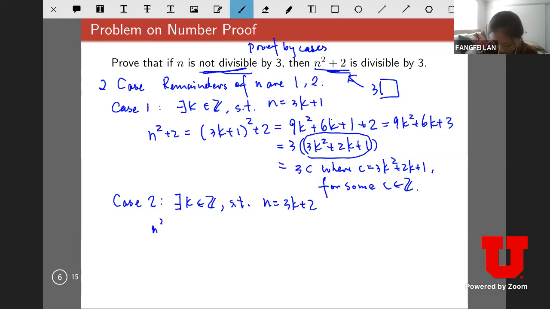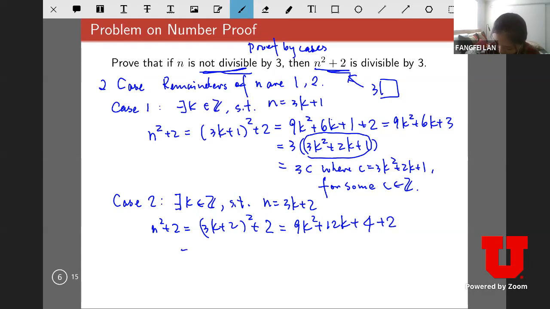Now we're going to do the same thing. N squared plus 2 is (3k plus 2) squared plus 2. Algebra again: 9k squared plus 12k plus 4. Is that right? Yes. Okay, and then plus 2. The same thing, 9k squared plus 12k plus 6, and then we take out a 3 again: 3 times (3k squared plus 4k plus 2).